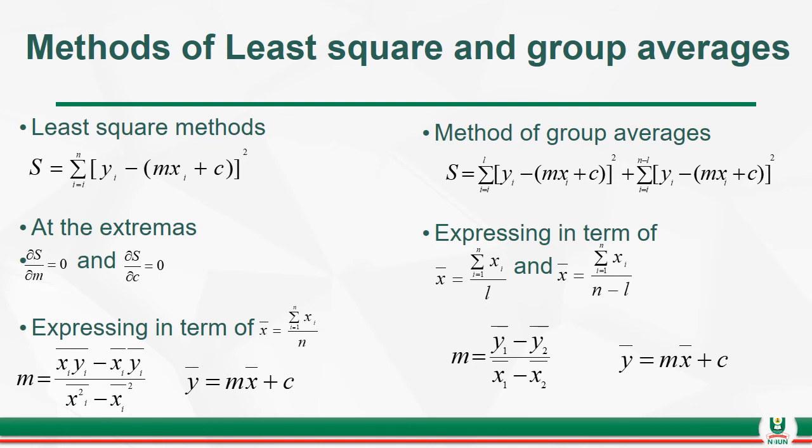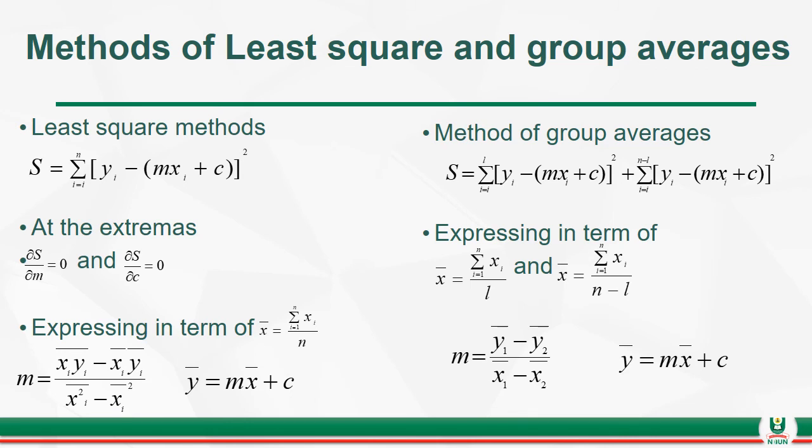The other way we can look at this is method of group averages. What this does is split the data into two, and it takes the first part and adds it to the second part. Let's say, for example, we split our data of n data points into two.